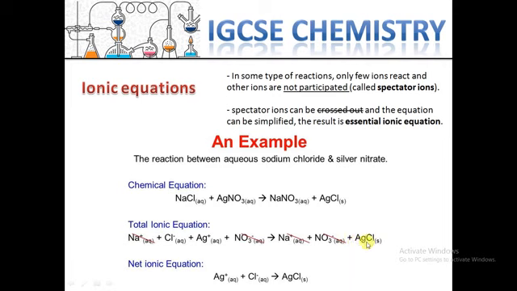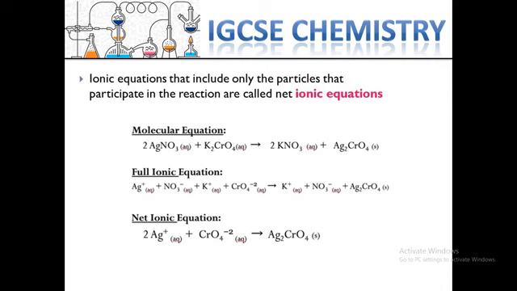So this is important, you need to keep it. And from the reactants only chloride and silver are important, meaning they are participating in the equation. The rest can be removed to make a simple net ionic equation.